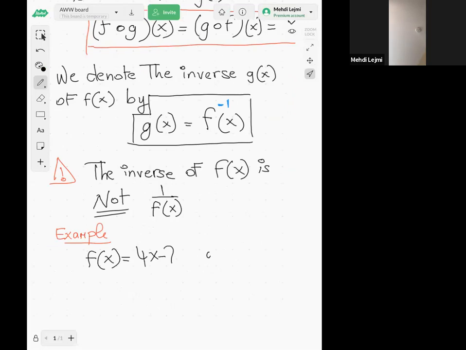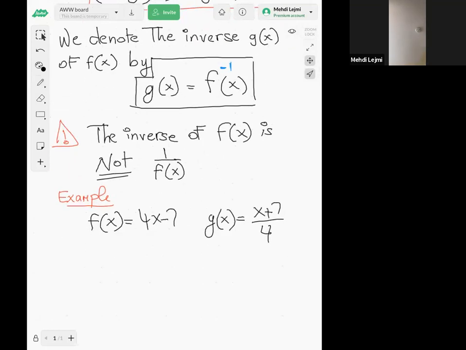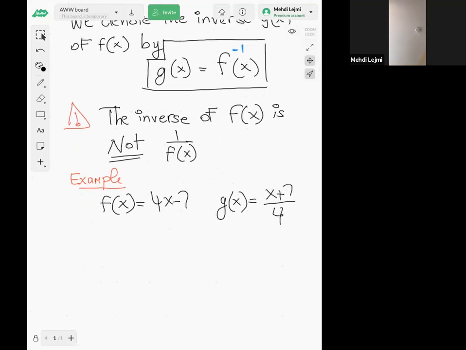And g of x equal to (x plus 7) over 4. All right, so I have these two functions, f and g, and I'm gonna check if g is the inverse of f.